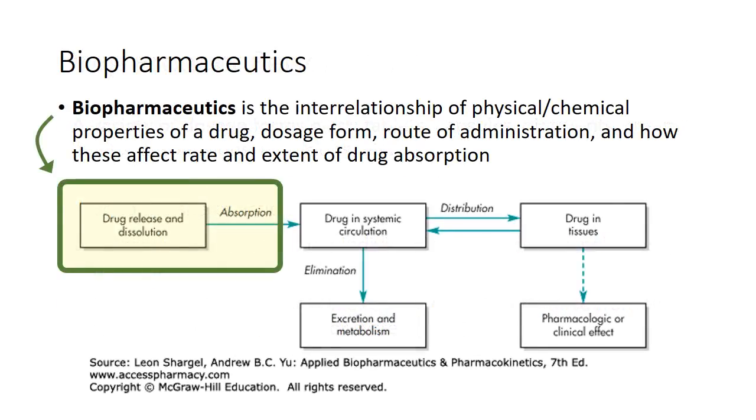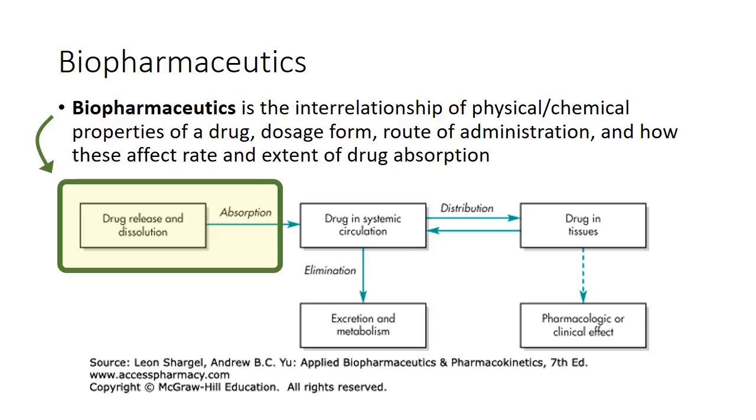So biopharmaceutics is the interrelationship of physical, chemical, which if you put that together, you can say physicochemical as one word, physicochemical properties of a drug, dosage form, route of administration, and how those affect the rate and extent of drug absorption. So in simple words, in my own words, biopharmaceutics would be basically all the properties that determine that drug's absorption, actually disintegration, dissolution, and absorption.